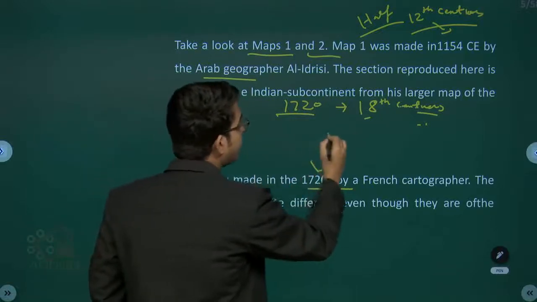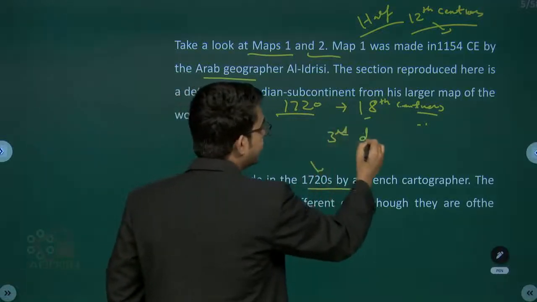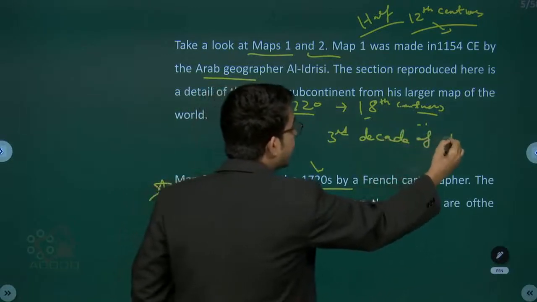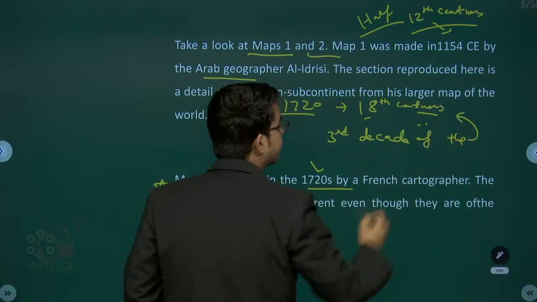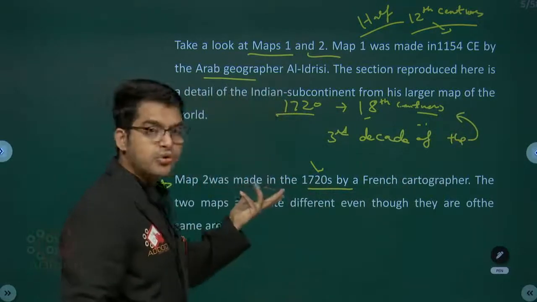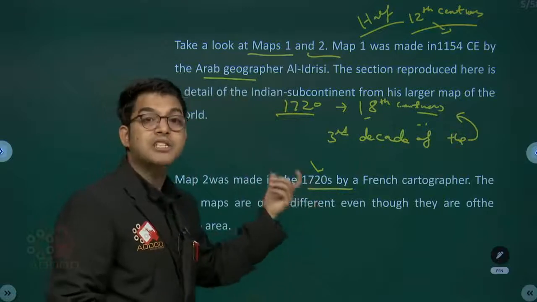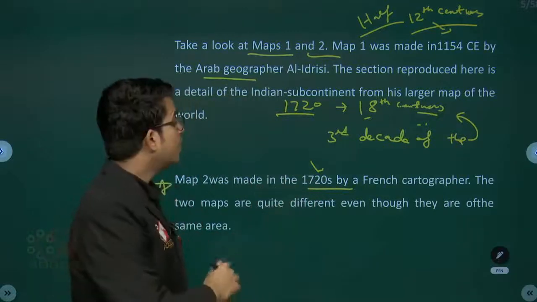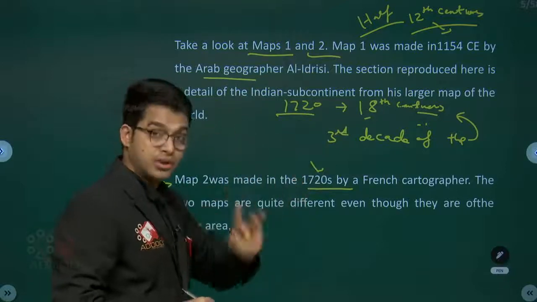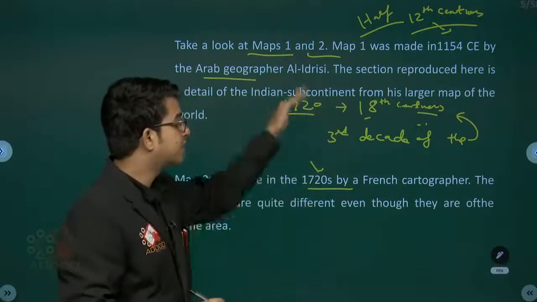So the third decade of the 18th century. Because we don't have a specific year over here, the third decade of the 18th century, 1720s, they are synonymous with each other.